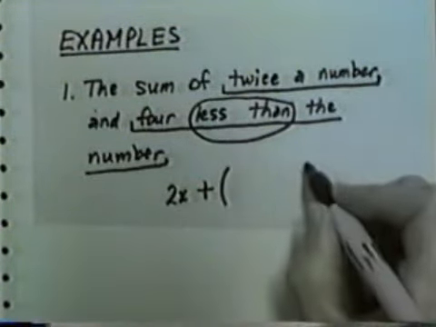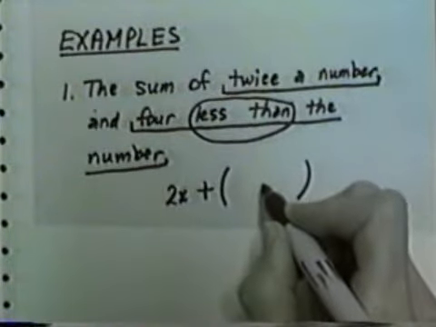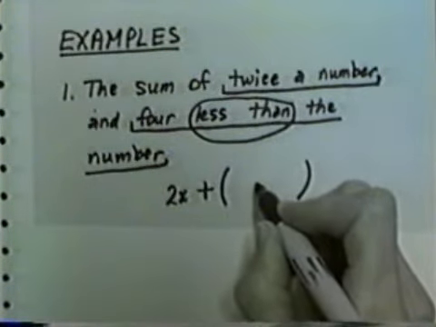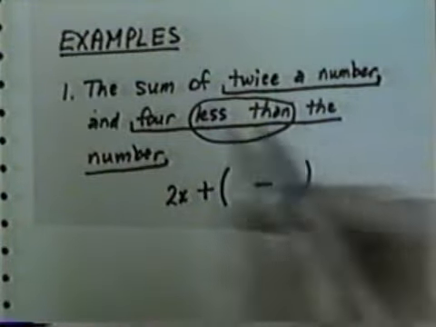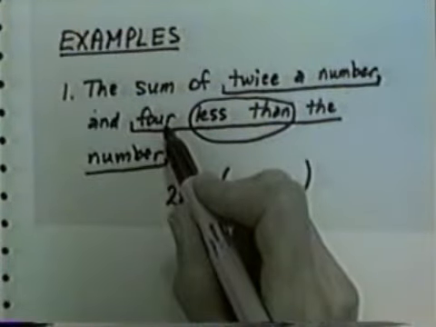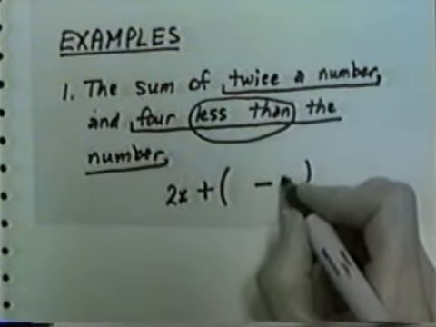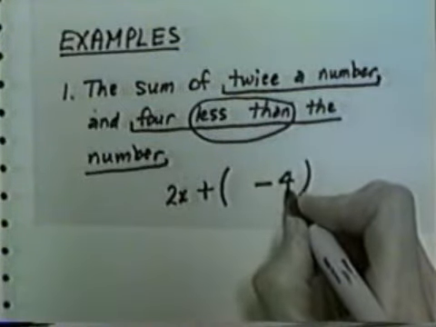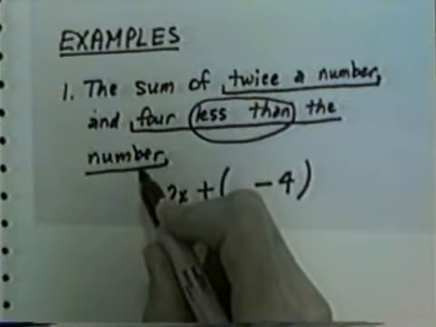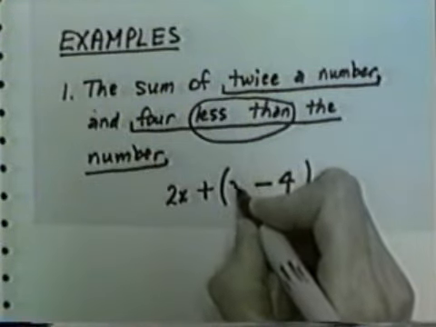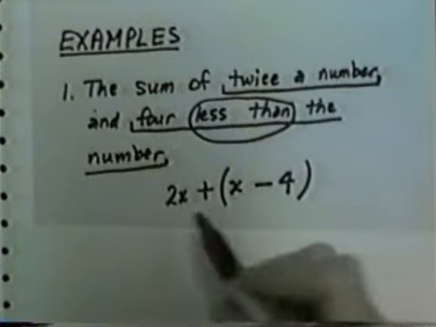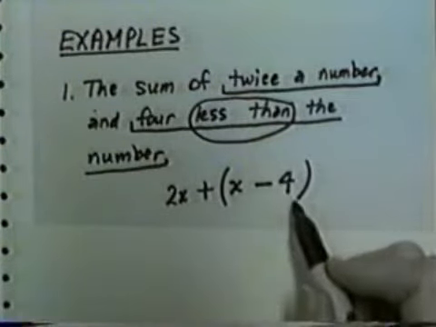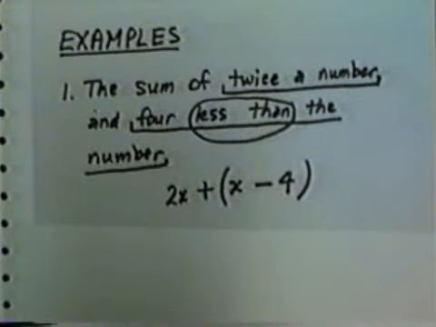In parentheses, for our second expression to be added, a subtraction sign, the numbers go in reverse order, therefore 4 goes at the end. The number goes first in the parentheses. So we have 2x plus the expression x minus 4.